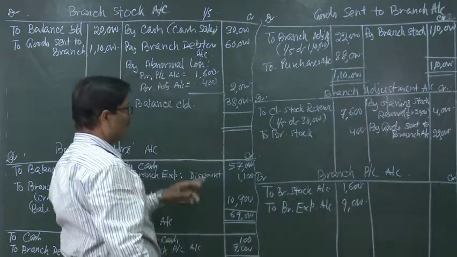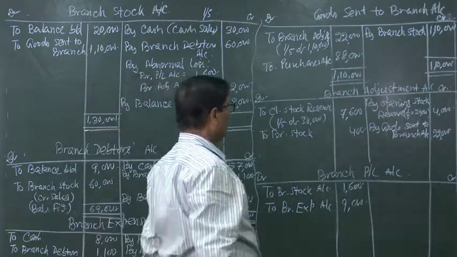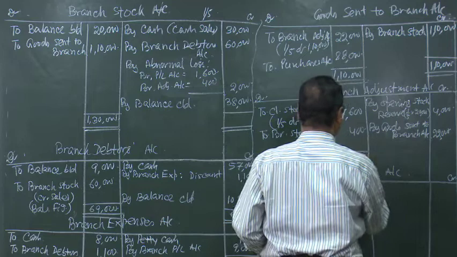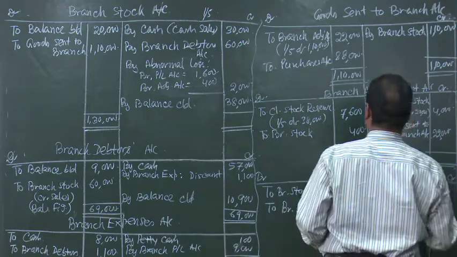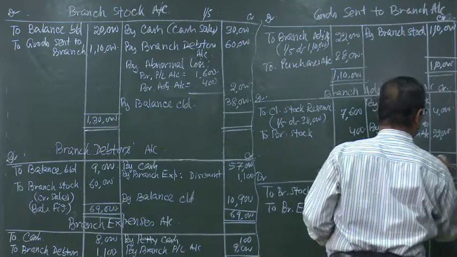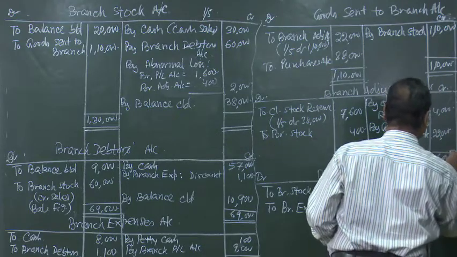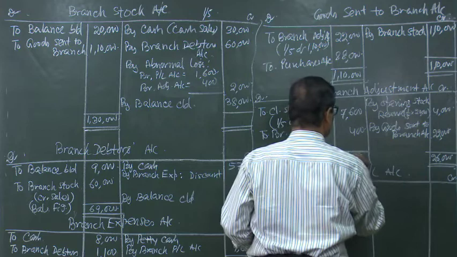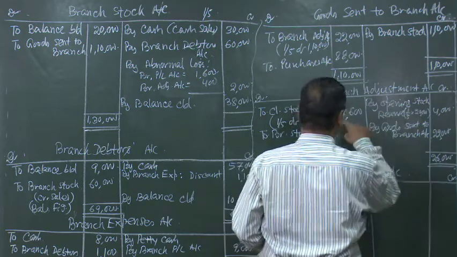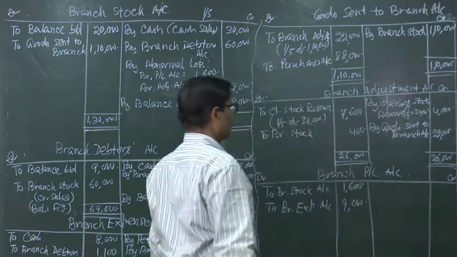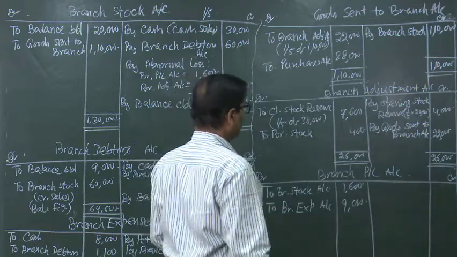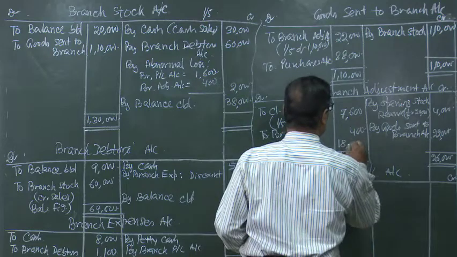Then we will come to the branch adjustment account and close it. What is the gross profit? This side is bigger, that is 26,000, minus this 8,000 (7,600 plus 400). 26 minus 8 is equal to 18,000.